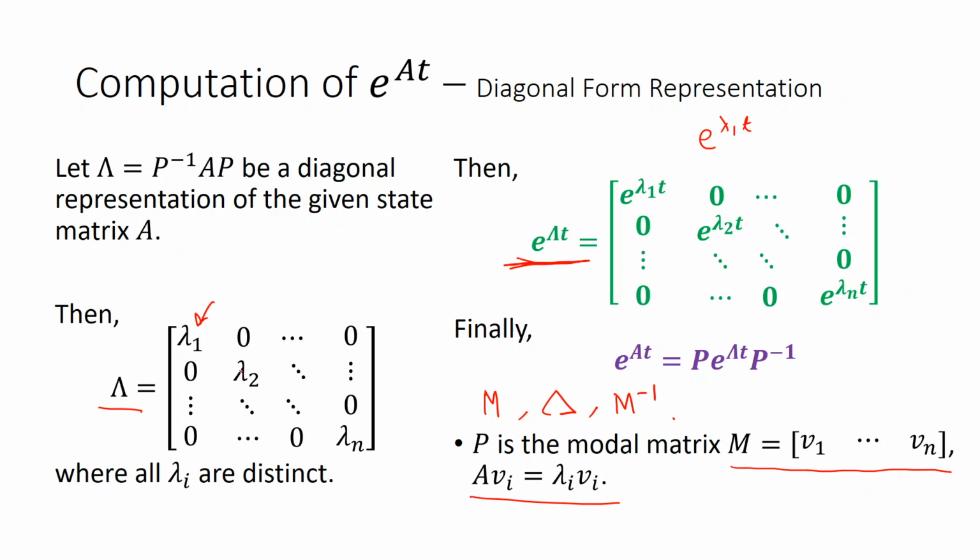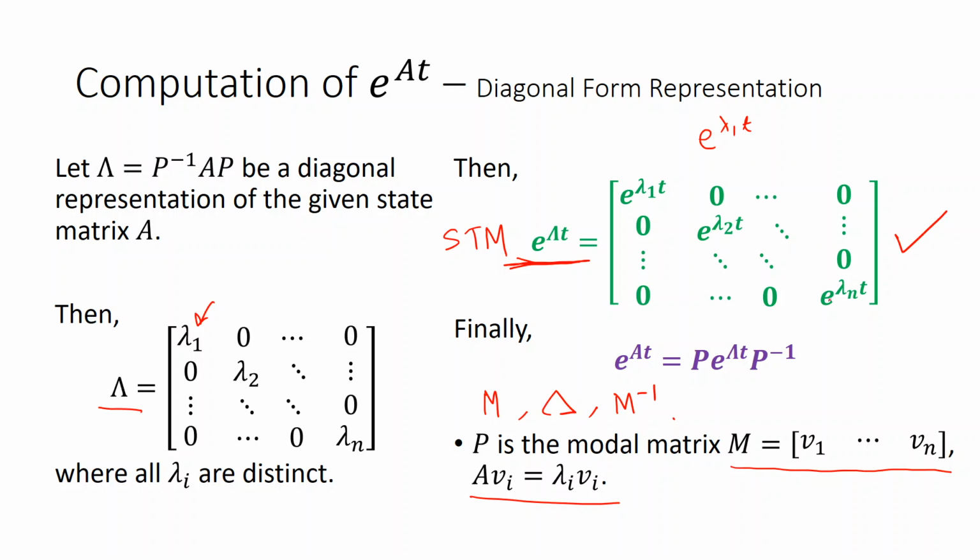For lambda 1 it is e to the power of lambda 1 t, for lambda 2 it is e to the power of lambda 2 t, simply like that. So e to the power of capital lambda t, which is the state transition matrix in the diagonal form, can be very readily computed.